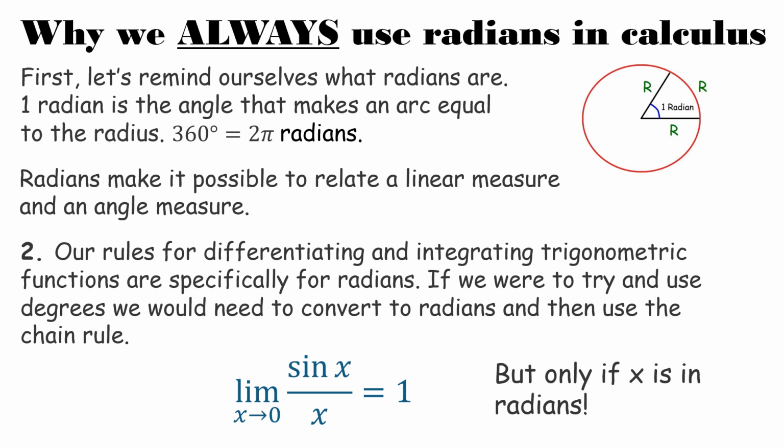So in order for us to use integration or differentiation and the unit of measure for the angle is degrees, we would actually have to use the chain rule, okay? Because it would be a function within a function, a composite function. So that's really the bit.